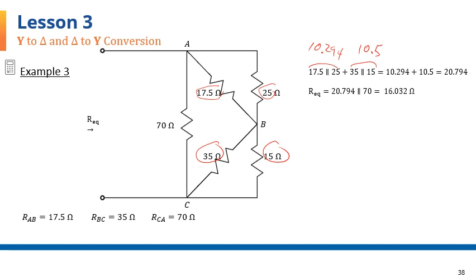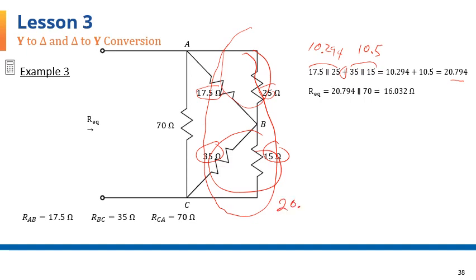Now because this set is in series with this set, we'll just add them together, and we'll find 20.794 to be the equivalent of this entire branch. This 20.794 ohm is now in parallel with the 70 ohm, and the end result is 16.032 ohms.